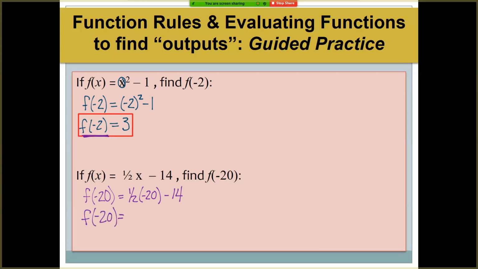So 1/2 times -20 is -10. -10 minus 14 is -24. So final answer, -24. So we took the function, we plugged in -20, and the answer we got was -24.